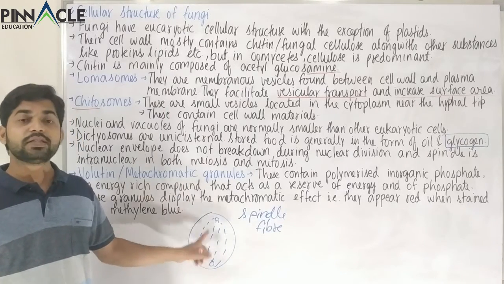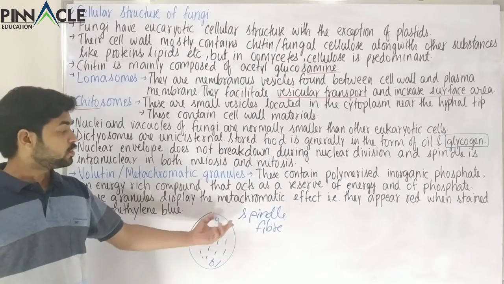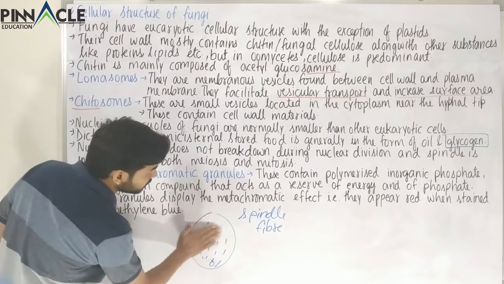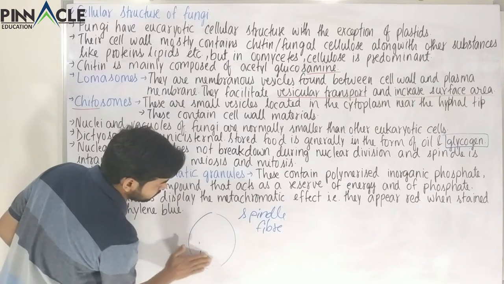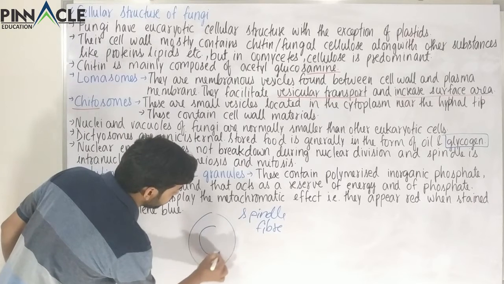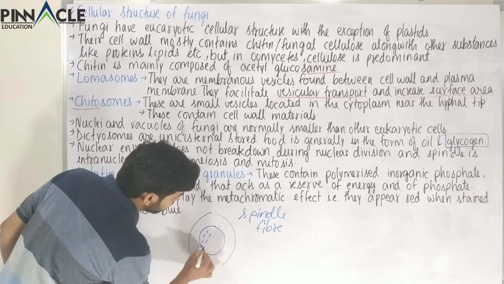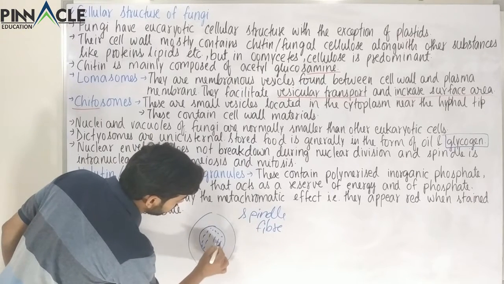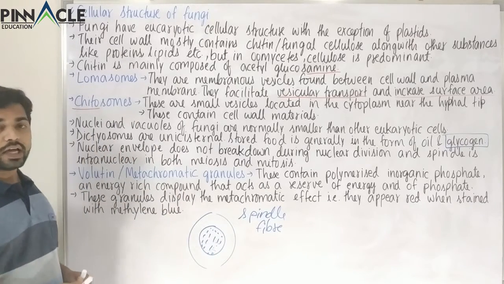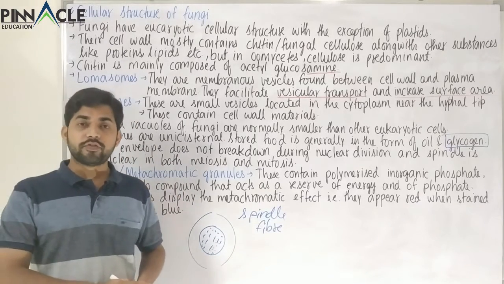Spindle fibers will form, but these will be formed inside the nucleus. This is the difference between a spindle fiber of a typical eukaryotic cell and that of a fungal cell.